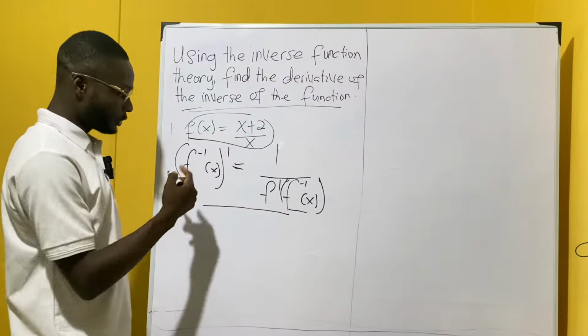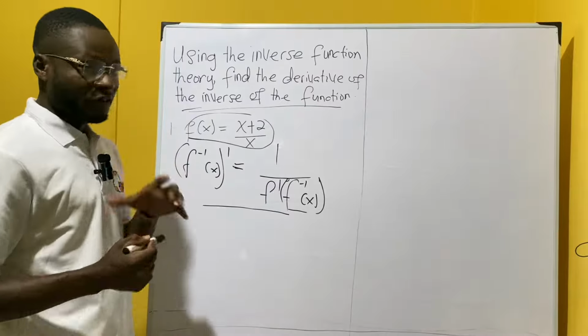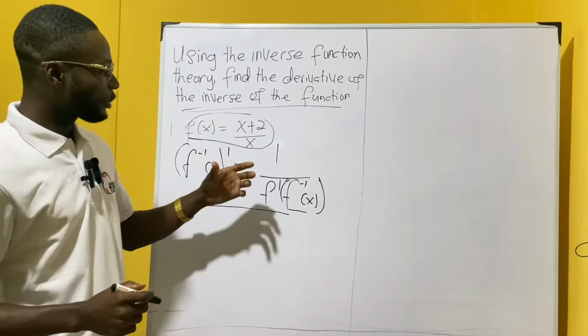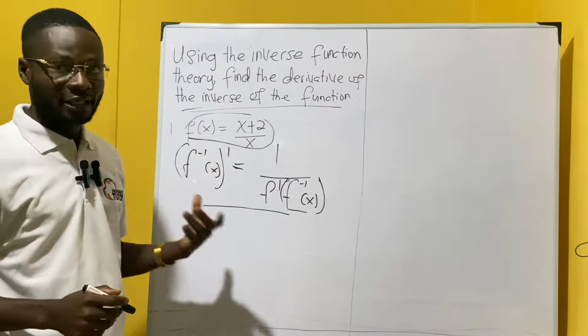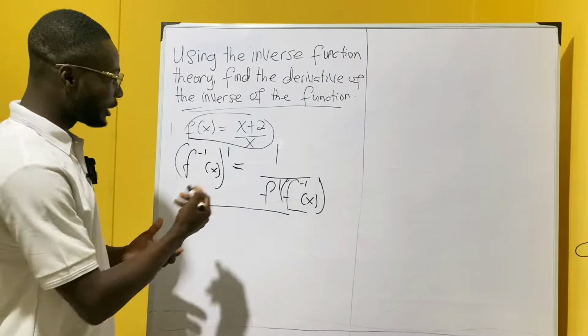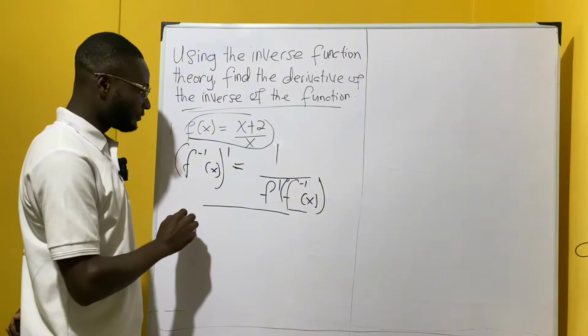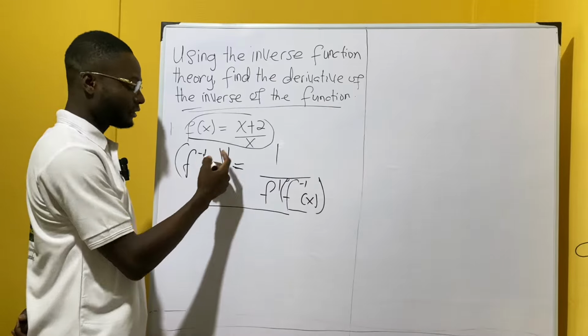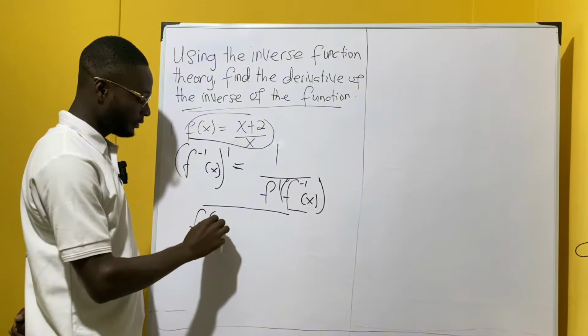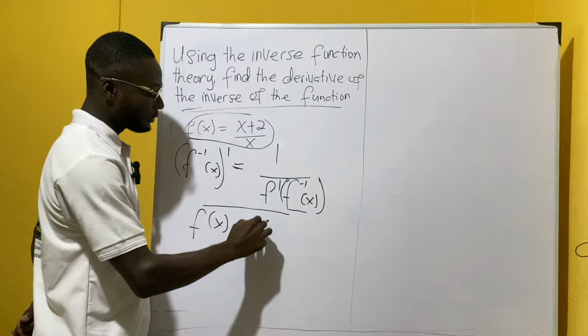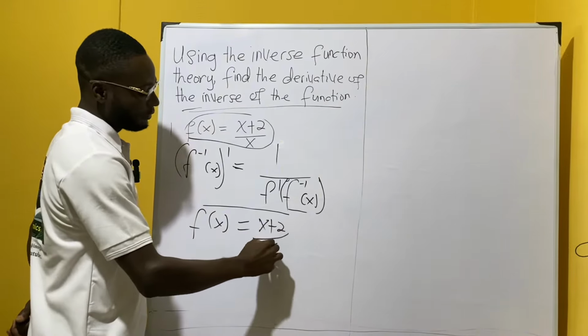So let's go ahead. If you have not watched the previous video, we have already dealt with how to find the inverse of a function. Here we have f of x equal to x plus 2 over x.